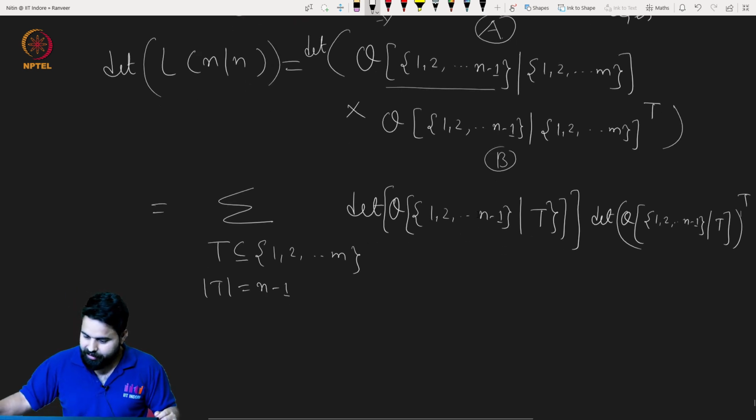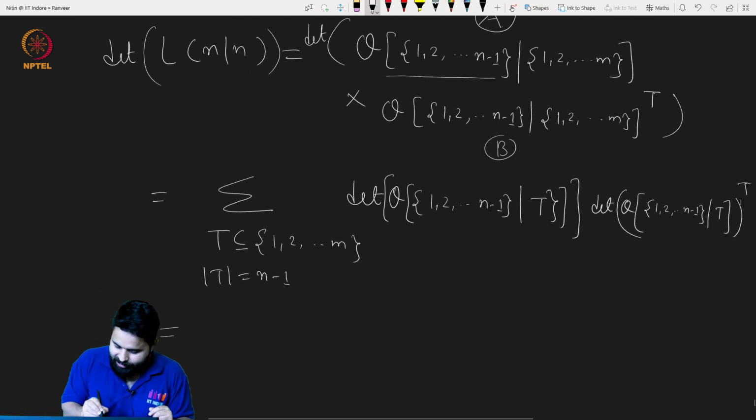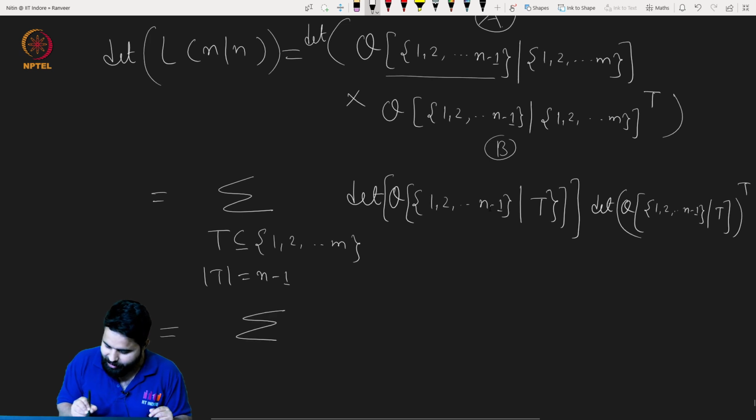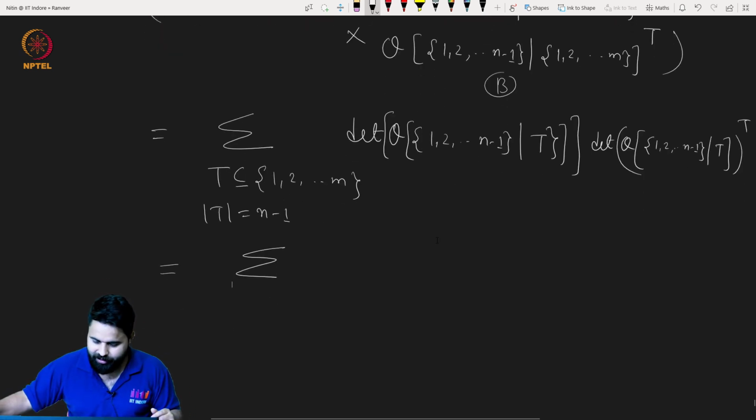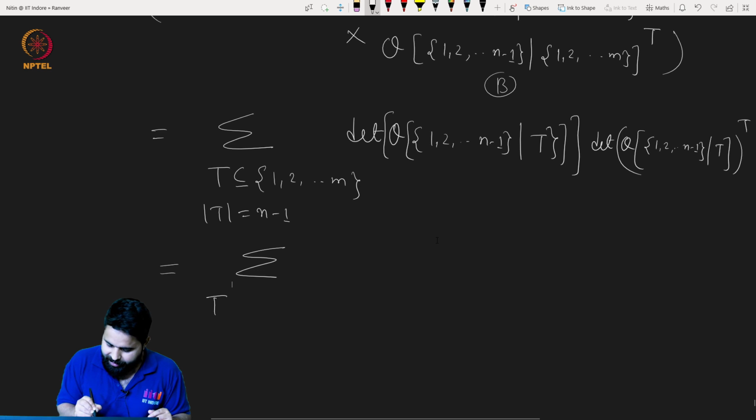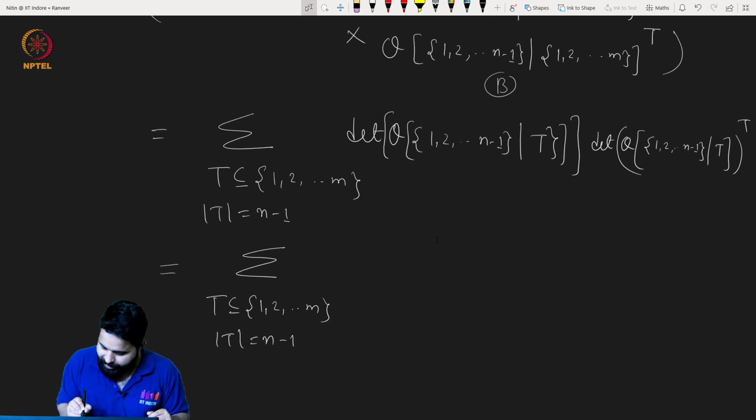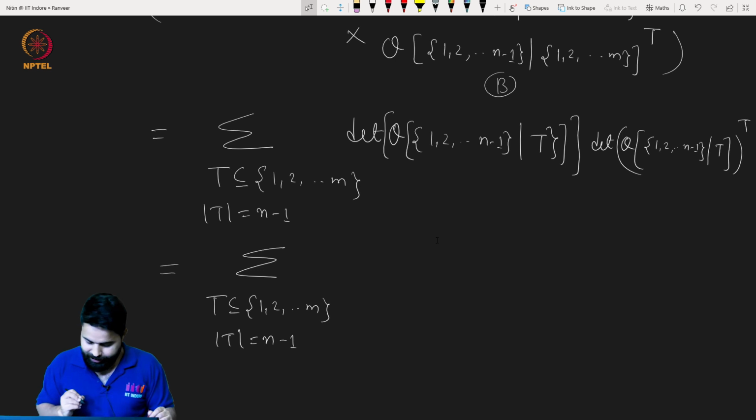So this quantity we can write very easily as the summation over the same T, a subset of m with cardinality n minus 1, just like choosing n minus 1 edges.